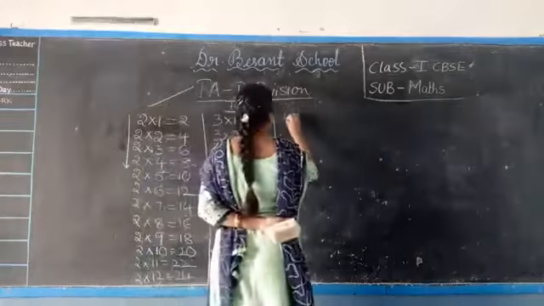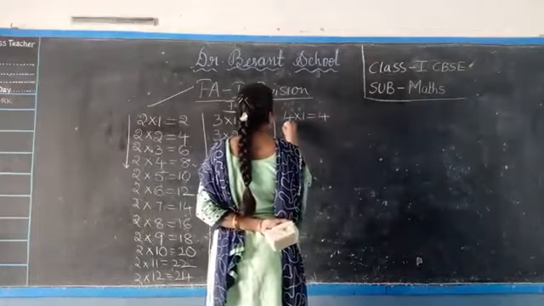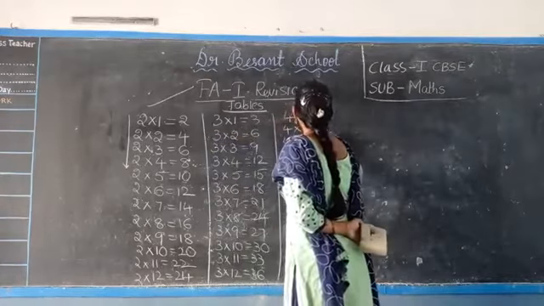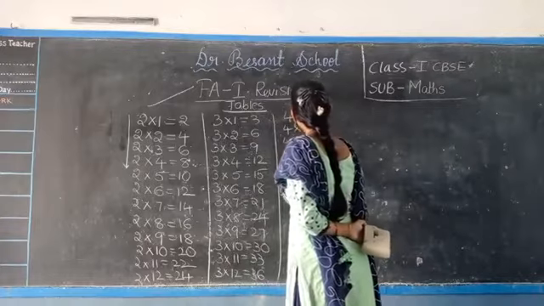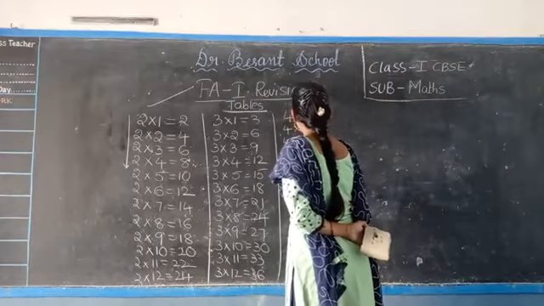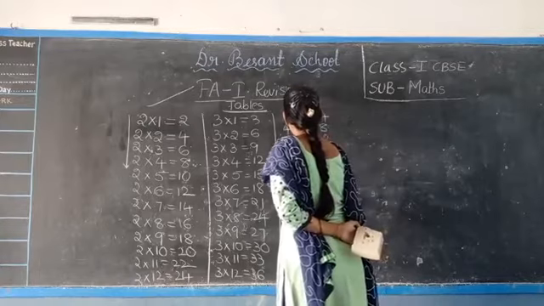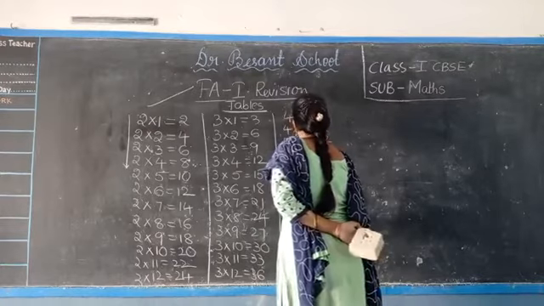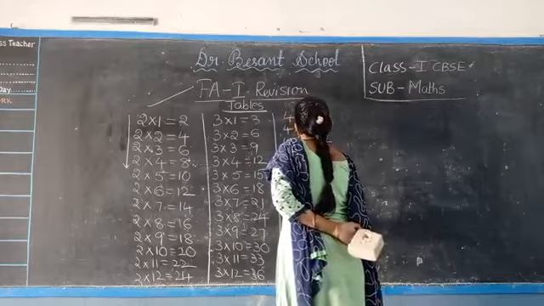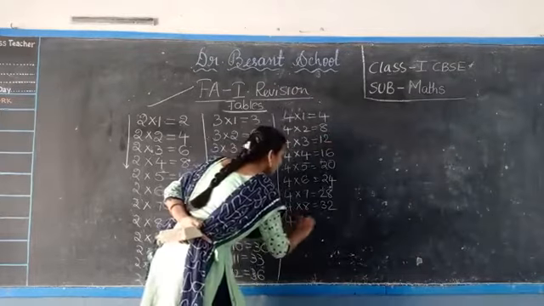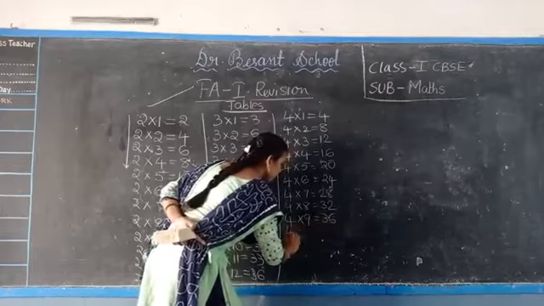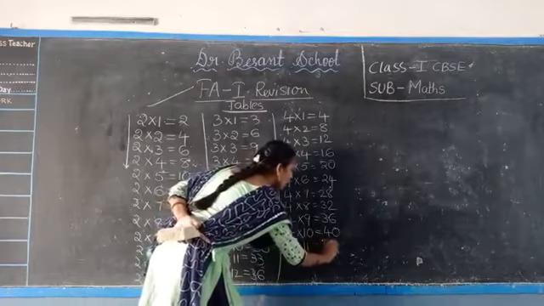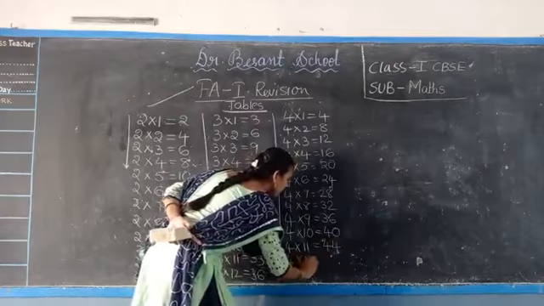So now 4 table. 4 ones are 4, 4 twos are 8, 4 threes are 12, 4 fours are 16, 4 fives are 20, 4 sixes are 24, 4 sevens are 28, 4 eights are 32, 4 nines are 36, 4 tens are 40, 4 11s are 44, 4 12s are 48.